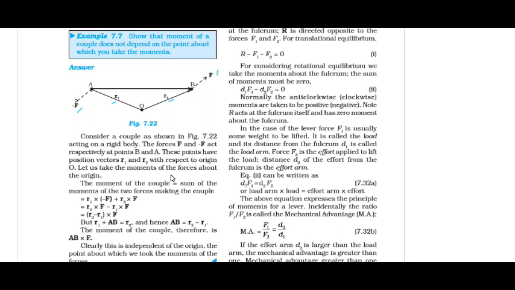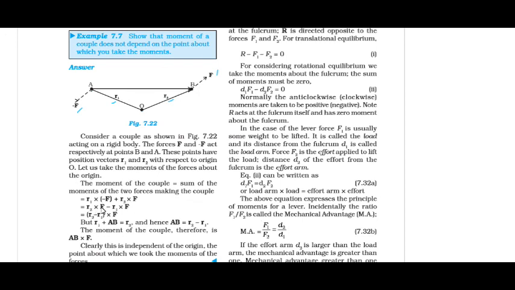Let us take the moment of force about the origin. The moment of force of the couple is equal to the sum of the moments of the two forces making the couple.